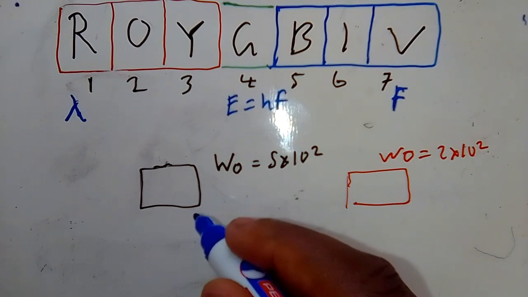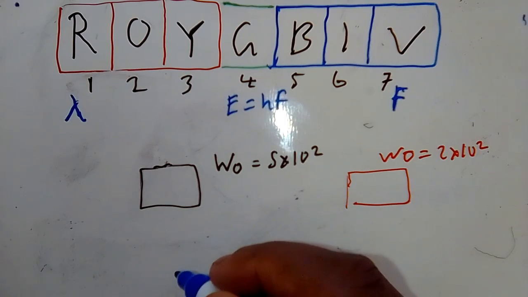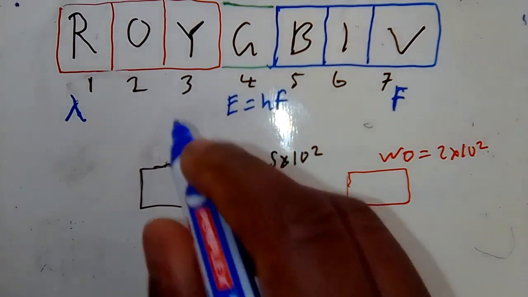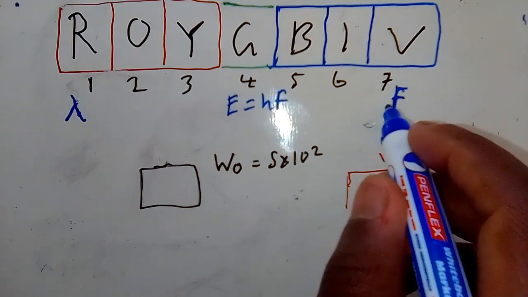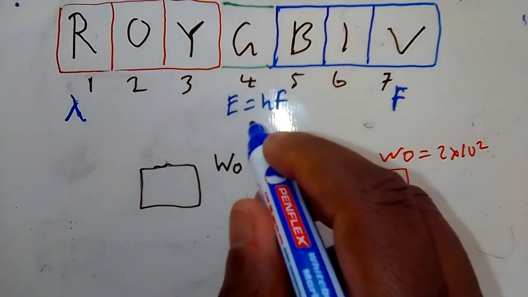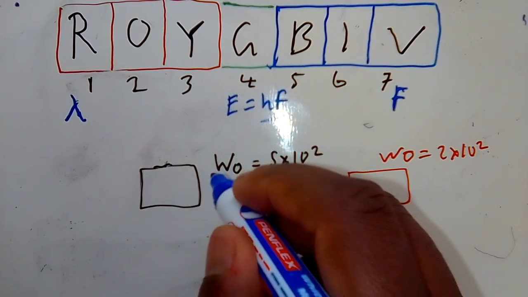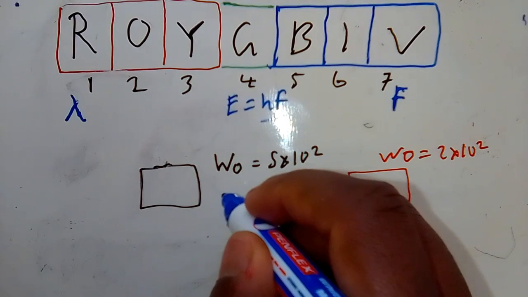Every metal also has what you call a threshold frequency, right? So what is the threshold frequency? Remember, we can convert frequency to energy. Whenever we've got a frequency of the light, we can convert it to energy by using this formula, right? So every metal has got a minimum frequency that is required, the same way it has got a minimum energy.